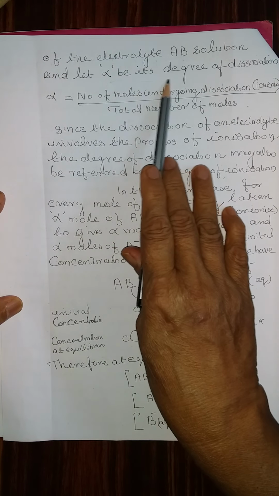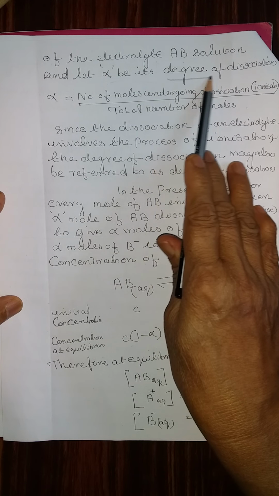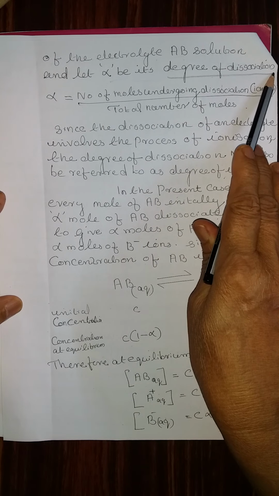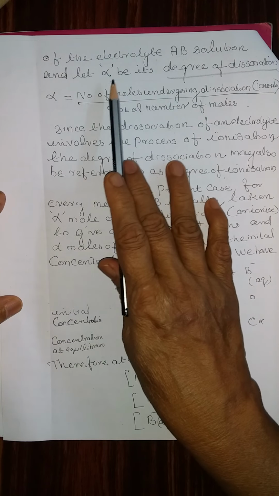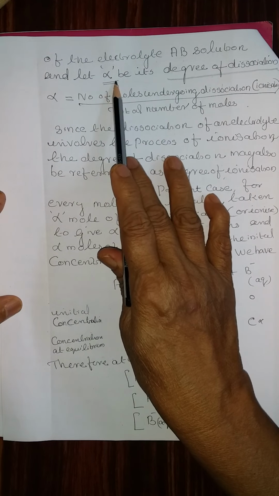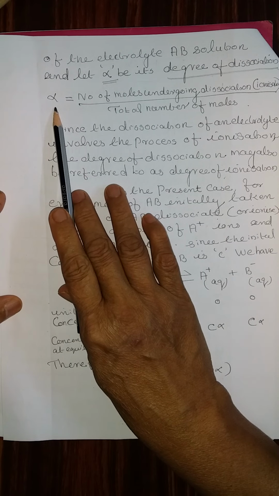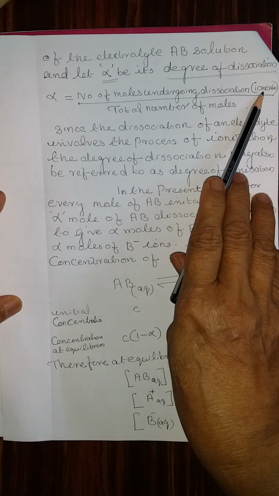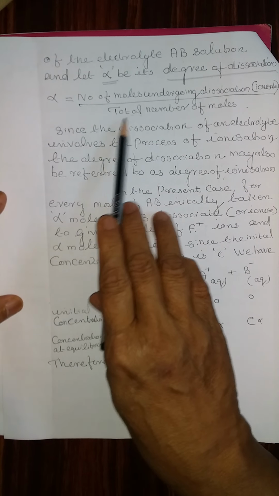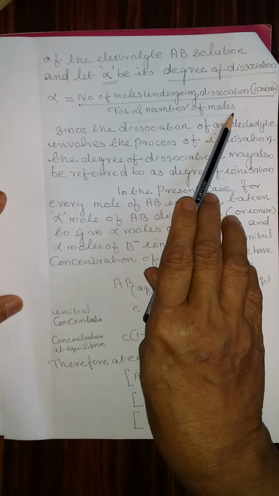Alpha is the degree of dissociation. This is very important. Once we derive the equation, application-level questions are given to determine this value alpha. Alpha means the number of moles undergoing dissociation or ionization divided by the total number of moles.